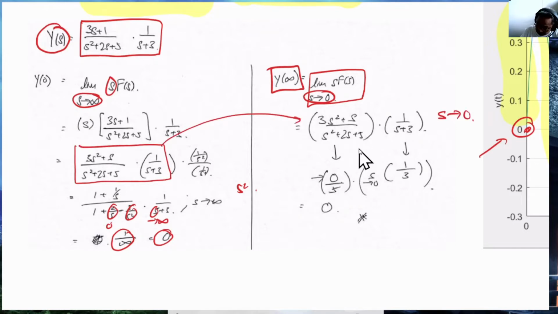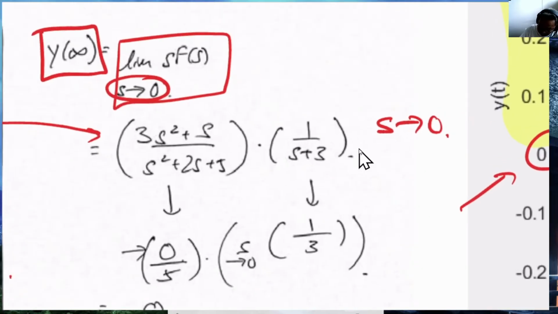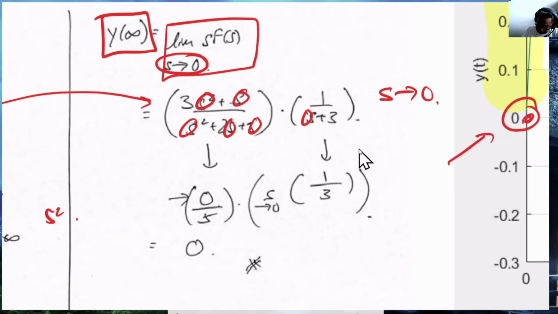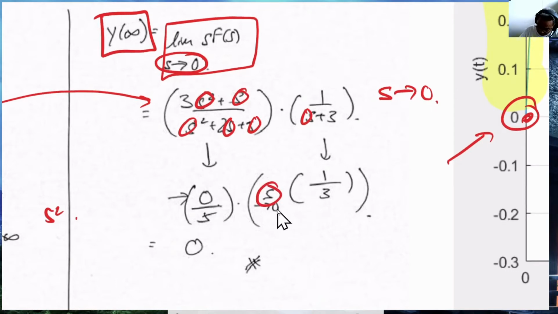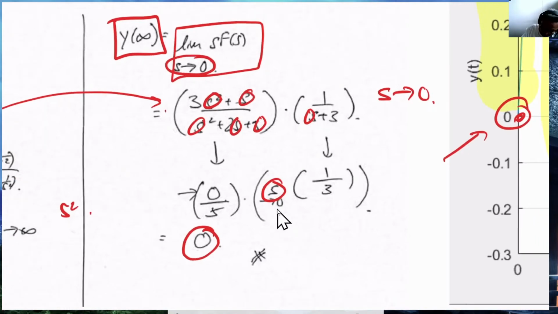When s tends to 0, this is easy. Simply this is 0, this is 0, 0, 0, 0, 0. Multiply by s, which tends to 0, and therefore the total answer is 0. So I should put the s here.